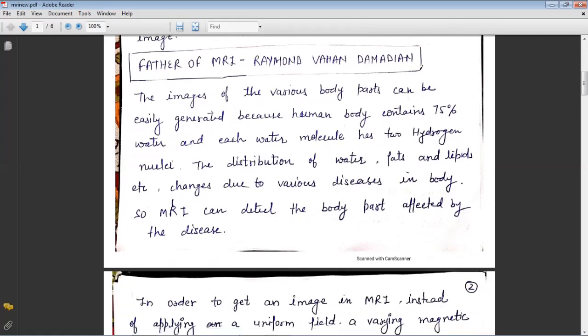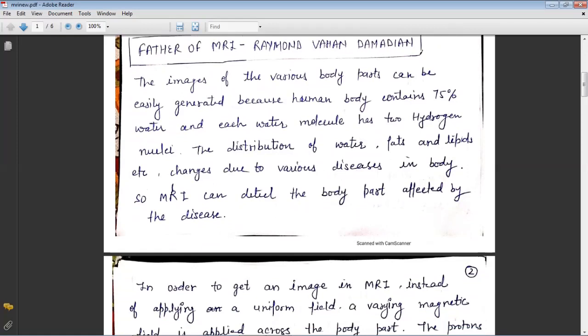Images of the various body parts can be easily generated because the human body contains 75% water, and each water molecule has two hydrogen nuclei.